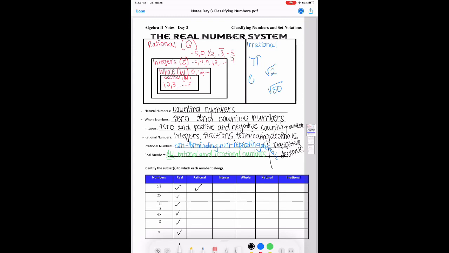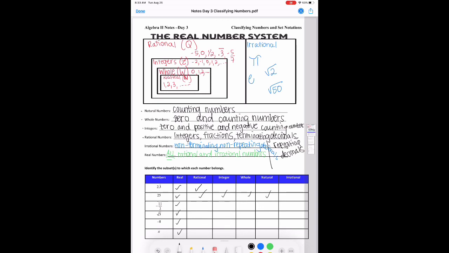Okay. If it's a natural number, it also means a counting number, right? And 25 is a counting number. So if it's a natural number, then you are able to go ahead and check all the other boxes. Okay, because all of these other boxes, whole, integer, rational, all encompass natural numbers.